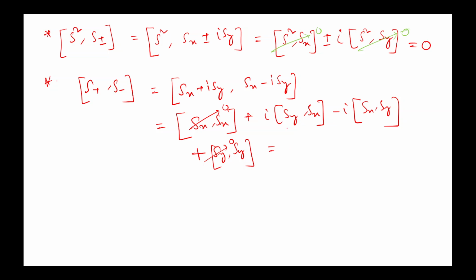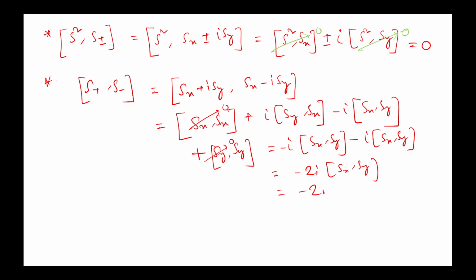So this is 0, this is 0, and you can write this fellow as i Sx Sy, and take a negative here, this is i Sx Sy. So you are left with minus 2i times the commutator of Sx and Sy, and this is i h cross Sz.